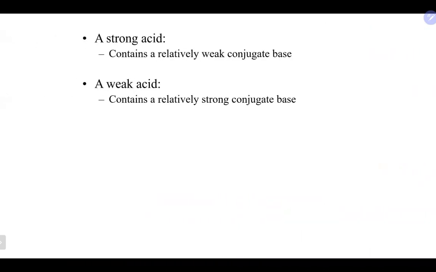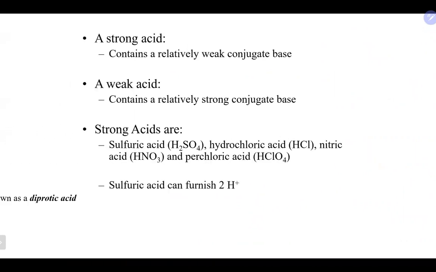So how do you know if something is a strong acid or a weak acid? There are a couple of ways, but let's first talk about the relationship between acids and bases and their conjugate partners. There's really an opposite relationship between them.